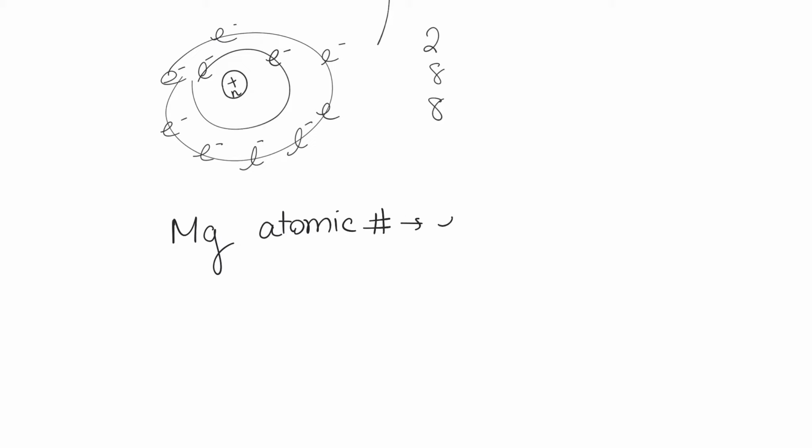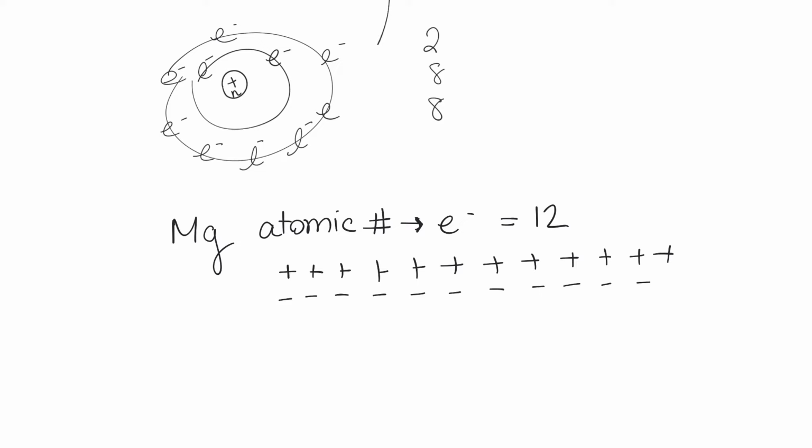Because that tells us about how many electrons it has. And magnesium has 12 electrons, so it also has 12 protons. So 1, 2, 3, 4, 5, 6, 7, 8, 9, 10, 11, 12. And it also has 12 electrons, which are negatively charged.